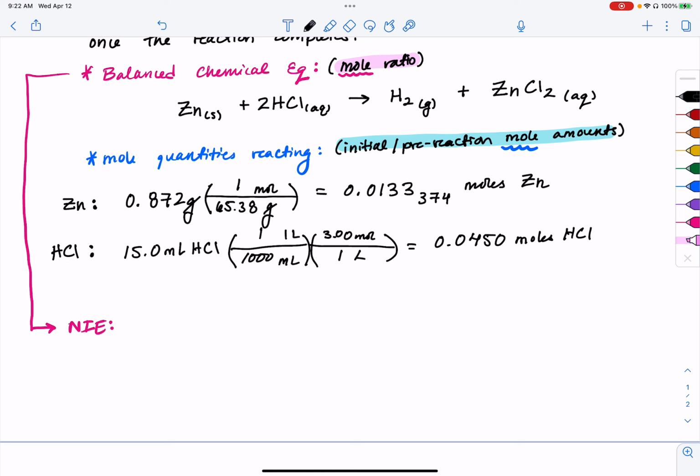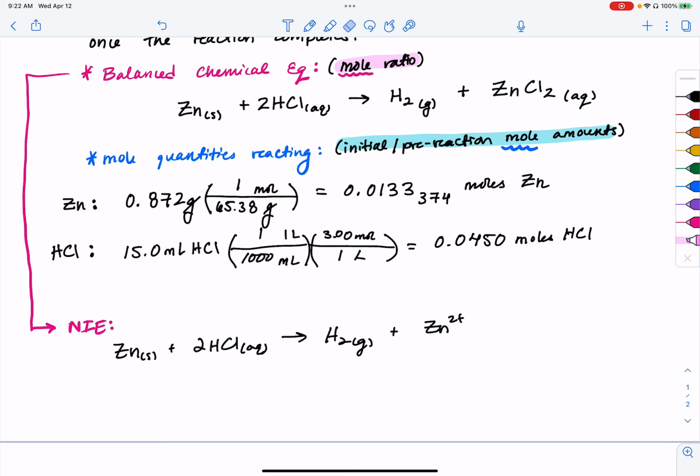All right, so if I were to start with my reaction just as is, I would have solid zinc reacting with 2HCl to form hydrogen gas and zinc chloride.